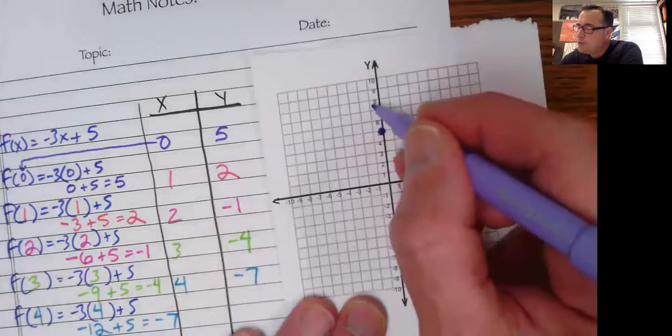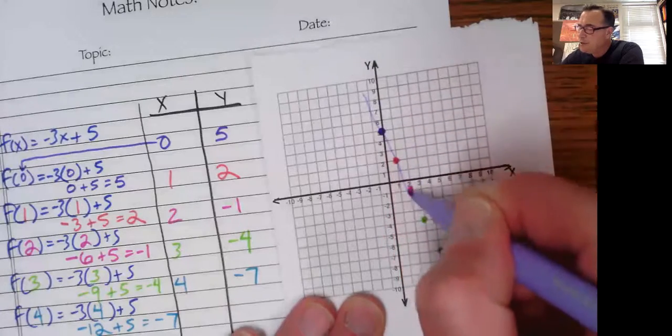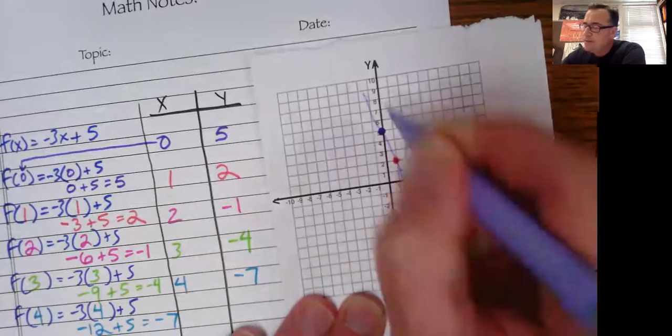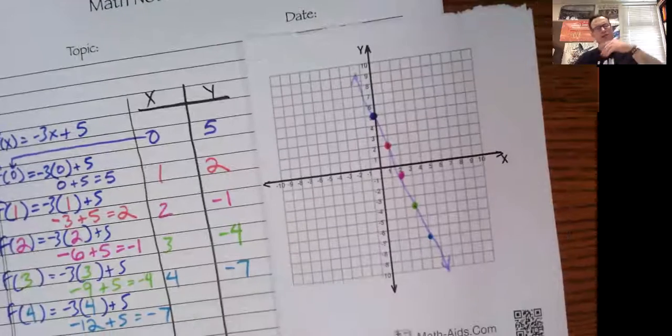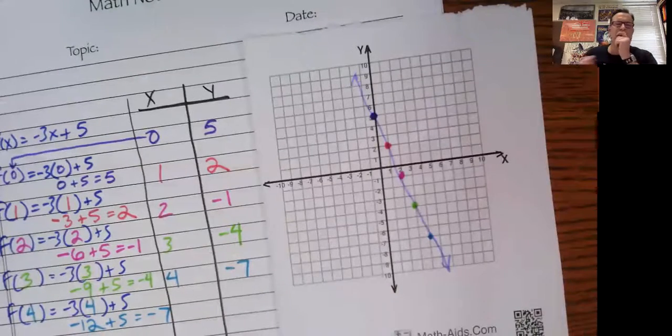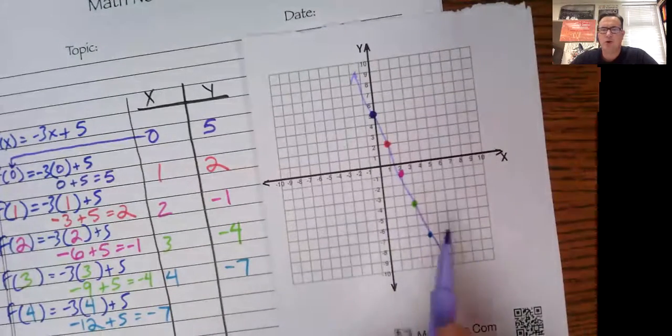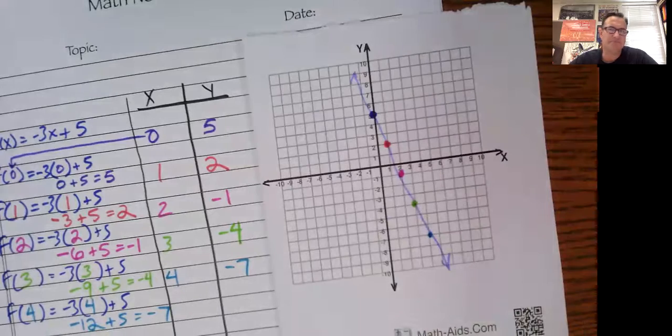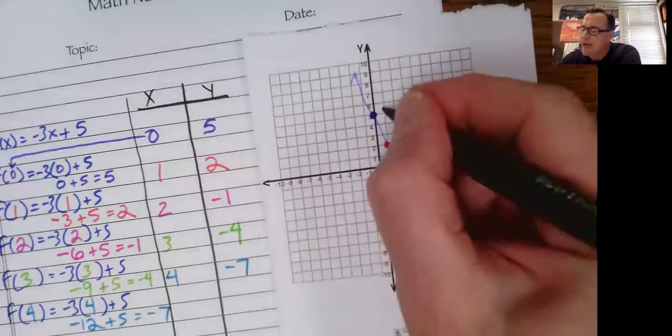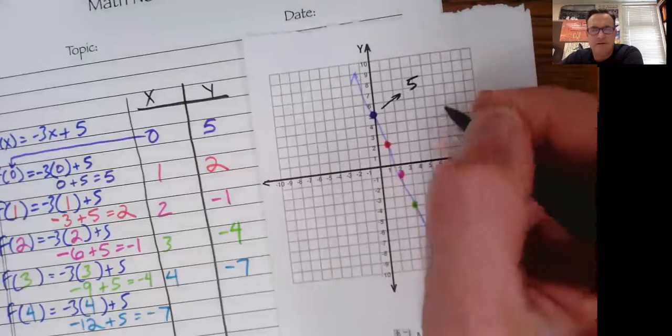I want to show you something cool about this. We haven't talked about this in a little while, but we know the equations of lines, right? If we look at this, we have a slope and a y-intercept. And it's been a while since we've talked about those, but if we look, our y-intercept is right there at 5.